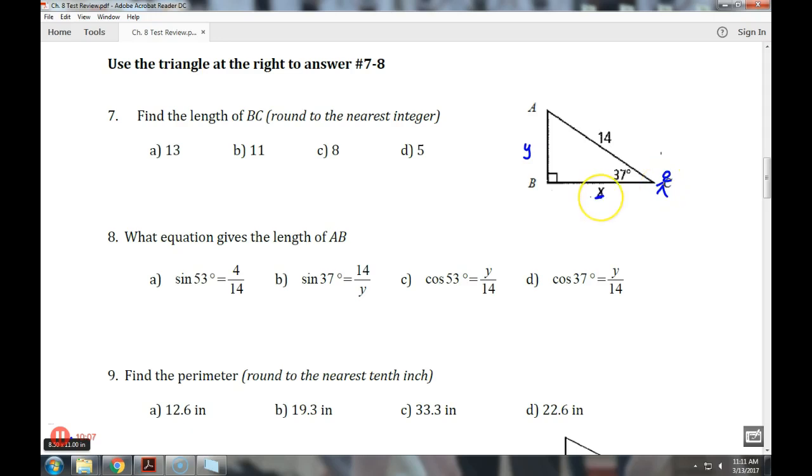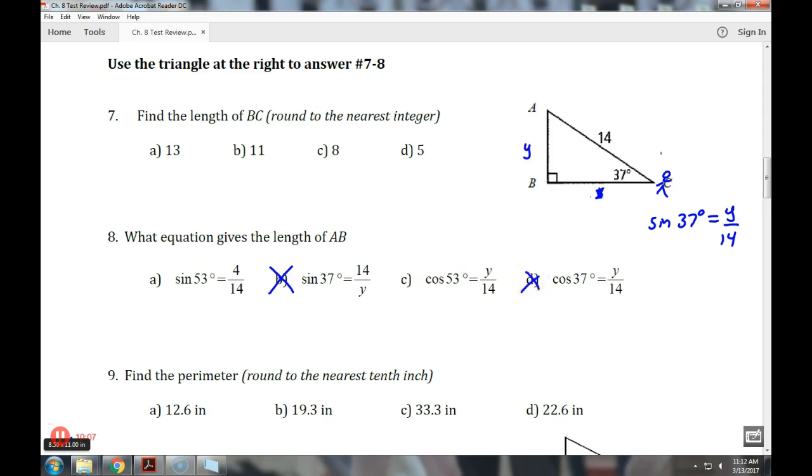And since I don't know X right now, I would basically say, all right, the sine when standing at 37 degrees is Y over 14. And when I look through here, I don't see any of them that say sine 37 Y over 14. This one is close, but it's backwards. This one is wrong, it's cosine.